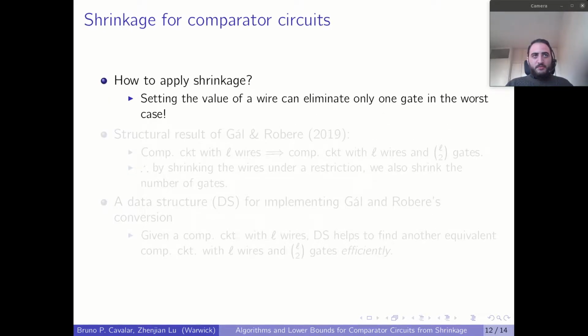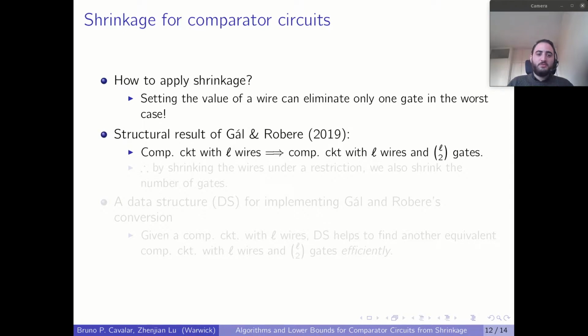So the question is, how can we apply shrinkage for comparator circuits? If you think of that drawing, when you set the value of a wire, we can only eliminate one gate in the worst case, maybe if that wire is connected to only one gate. It's not clear how to apply the shrinkage technique here.